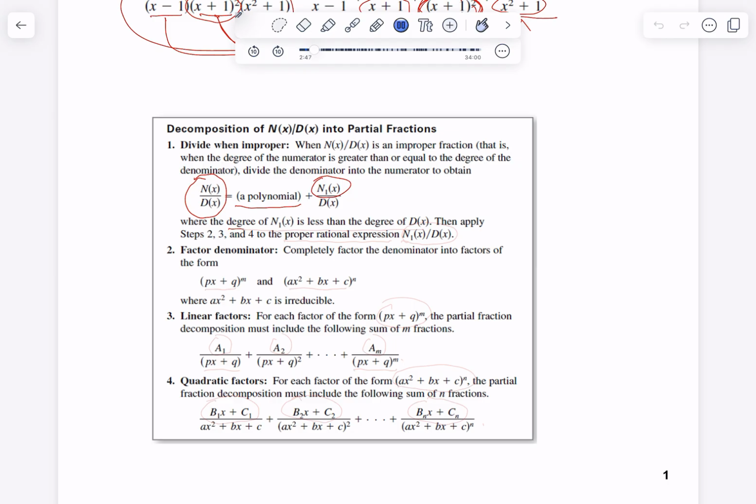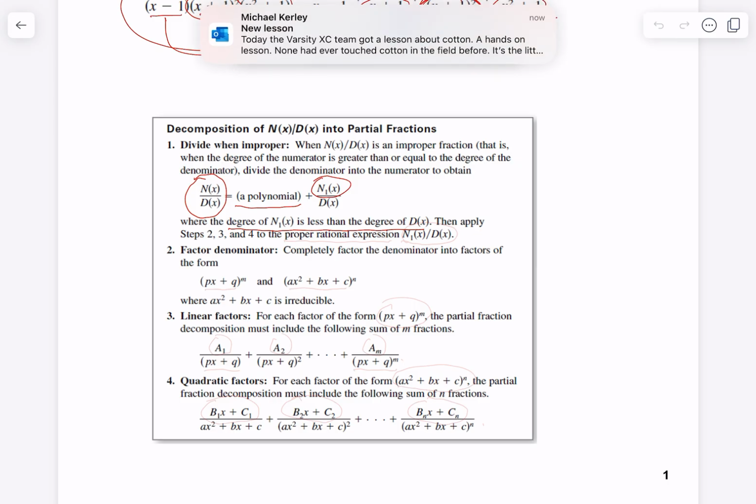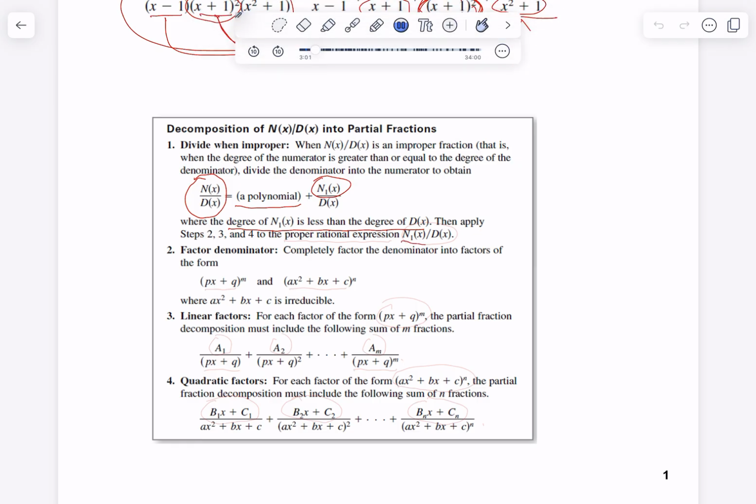The degree of the remainder n1 is less than the degree of the divisor d of x. The partial fraction decomposition we learn here will only be applied to this n1 divided by d. That is called a proper rational expression because the degree of n1 is less than the degree of d.